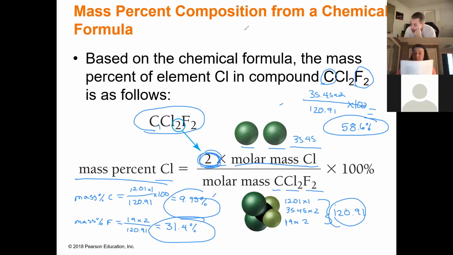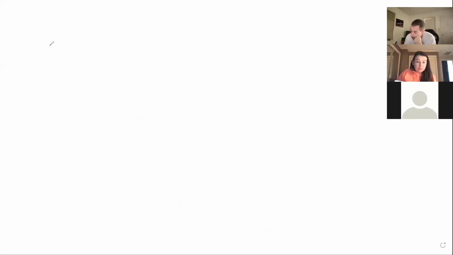All right, let's say we have the formula, oh, I don't know, HBr, hydrobromic acid. The kind of problems that come after these are most challenging. Yes, we will, and we're going to go over that. Going from a formula to a mass percent is much easier than going from mass percent to formula, but we'll make it happen.